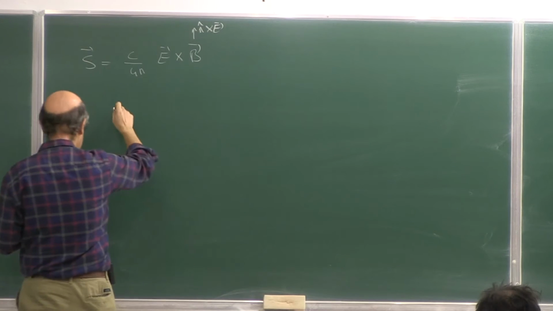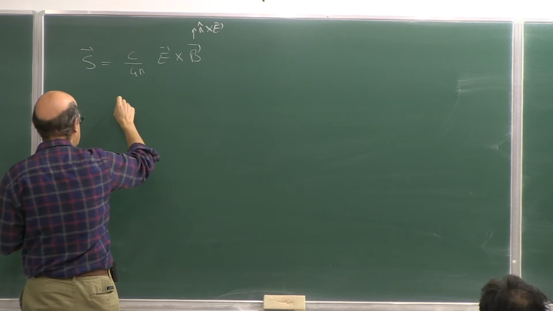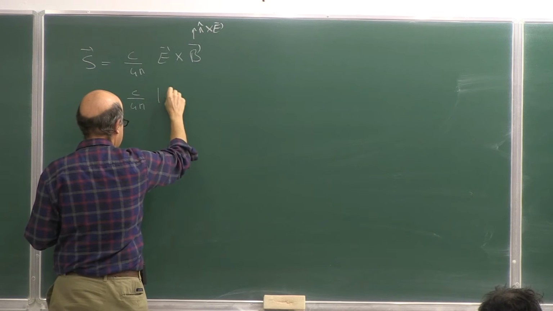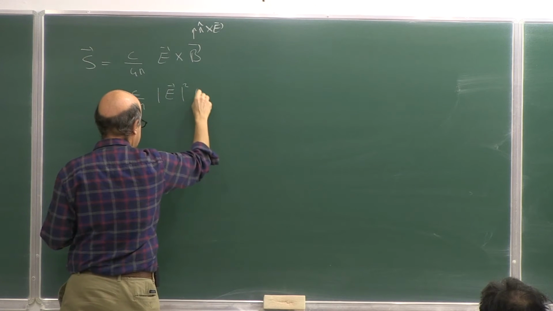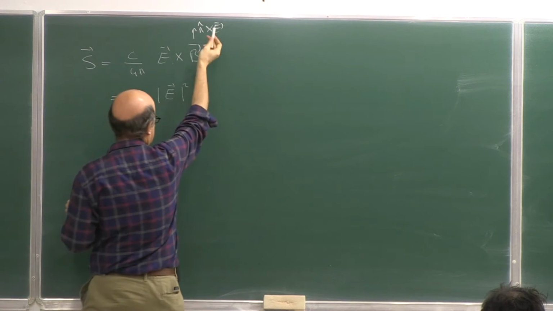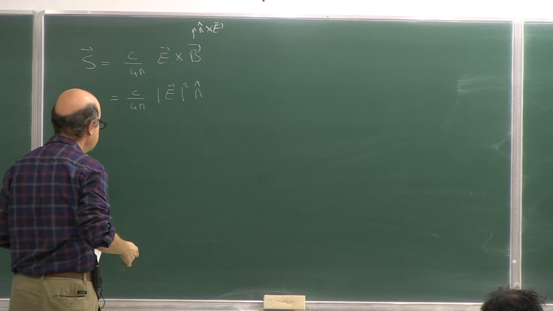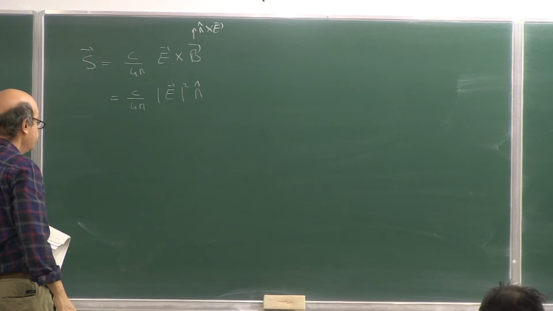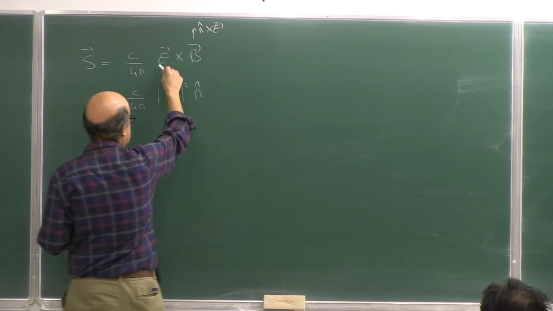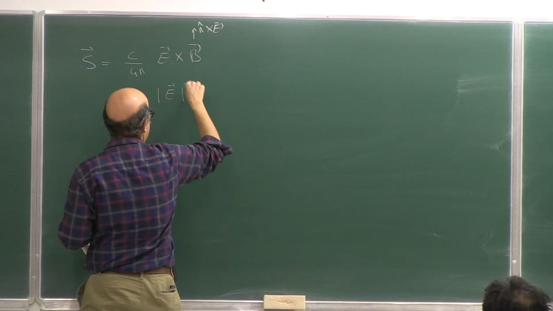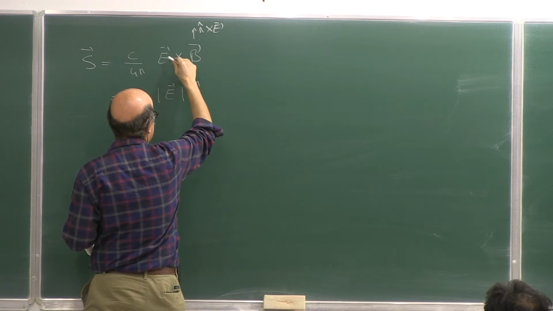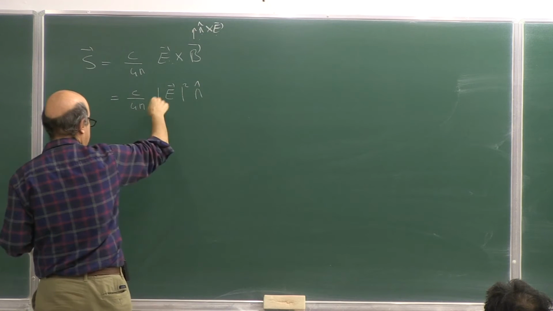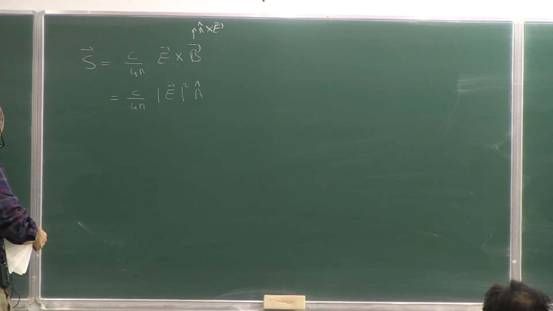So if you put things here, you can obtain c over 4π magnitude square of the field along n. You can use the double cross product rule very easily. E dot B is equal to 0, and E dot n is equal to 0. Therefore, the surviving term will be in that form.